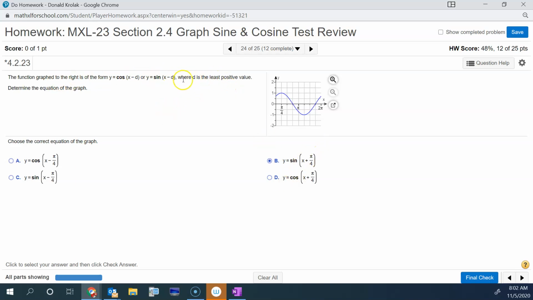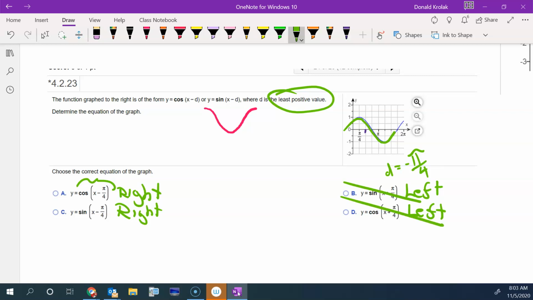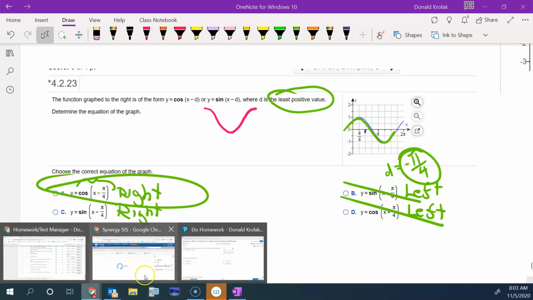It says where D is the least positive value. Okay, so what that means, guys, that's important here. The least positive value. Here, D is negative pi over 4. It's left. That has to be positive. So it has to be A. Now that makes sense.